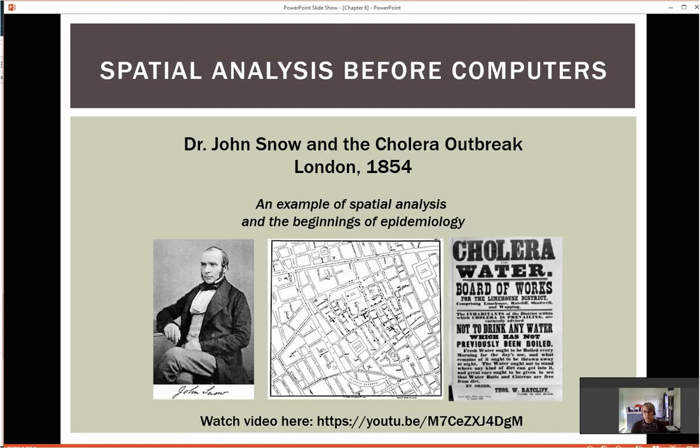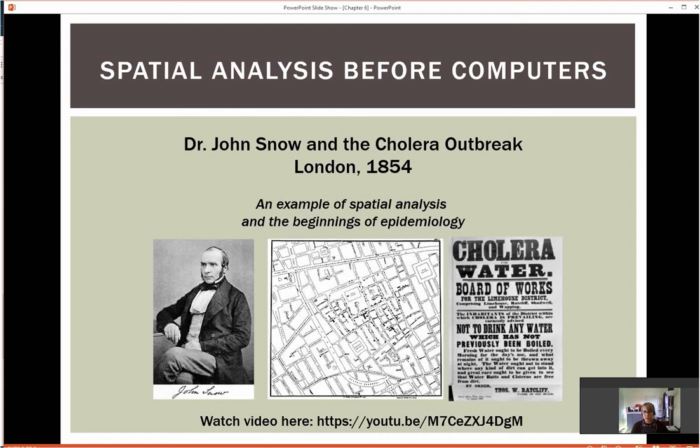But before we had computers, and before this was even a glimmer in people's minds, the idea of connecting events to a location and trying to solve problems with it wasn't there.